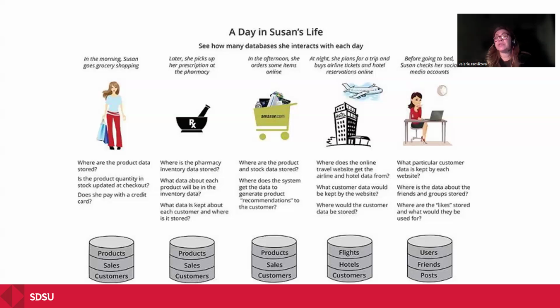A similar situation happens when Susan decides to book some airline tickets and hotels. So every system that Susan interacts with has a database on the back end. There is a flights database, a hotels database, and in some cases a customers database.